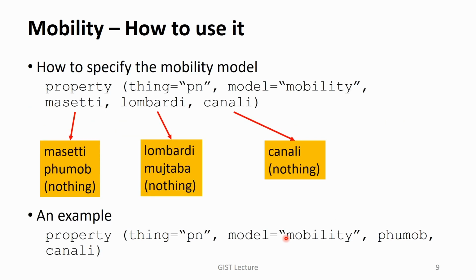Up to now, we have discussed three effects in the mobility modeling. Then, in the G device, how can you specify a certain mobility model? In this case, the model name is mobility. Then we have three slots. One for doping, another one for vertical field, and the last one for the lateral field.